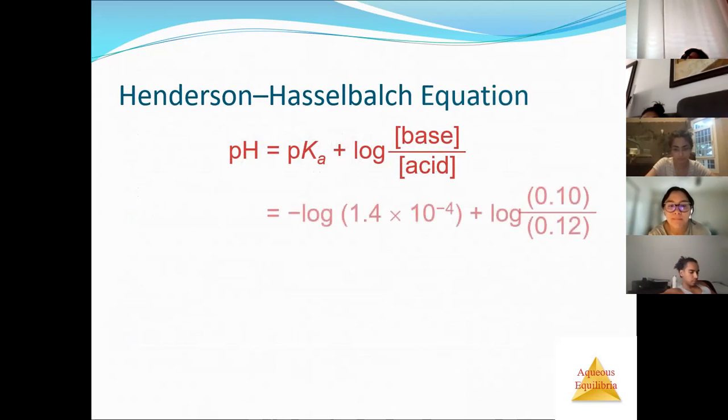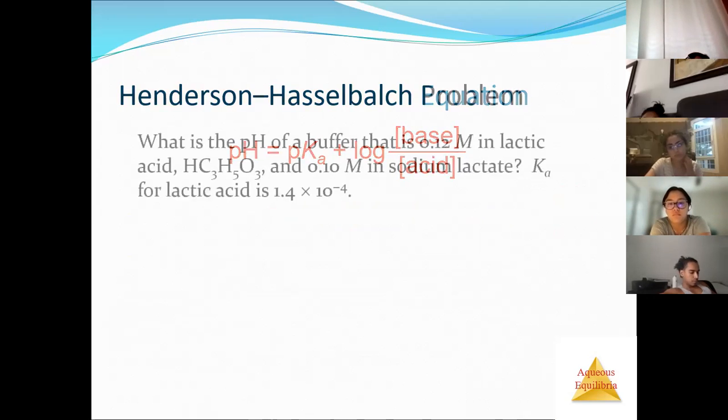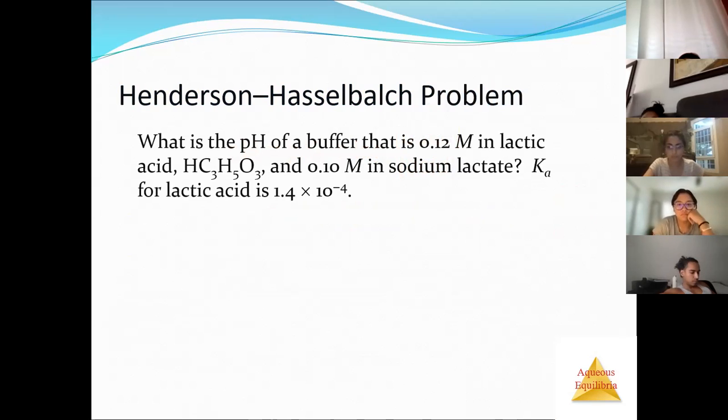That's my Henderson-Hasselbalch. pH is equal to pKa plus the log of base over acid. Natalia, do I have the same amount of conjugate base and acid? No, I don't, so I have to figure that out. Remember, base goes on top of weak acid.